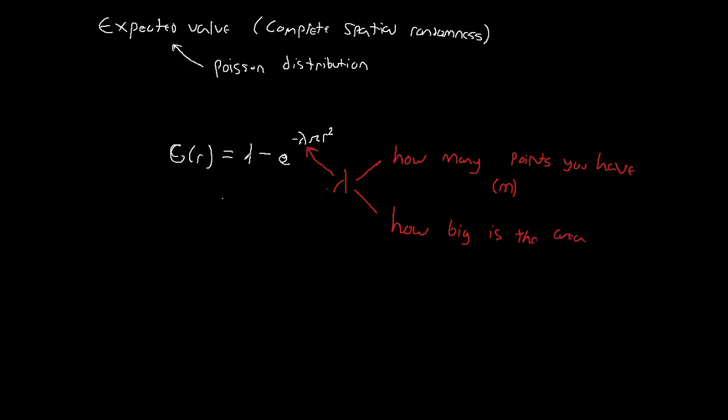If your r is really small relative to the total area that these points are distributed over, that's going to affect it. So this lambda takes into account both of these, and this lambda is just the density. It is m over a, where a is the area and m is the number of points.